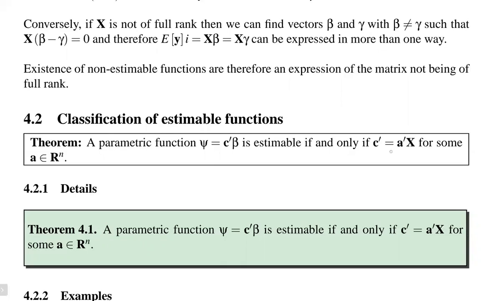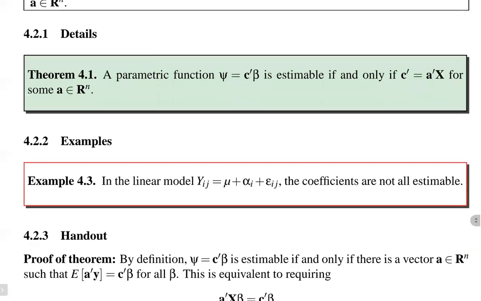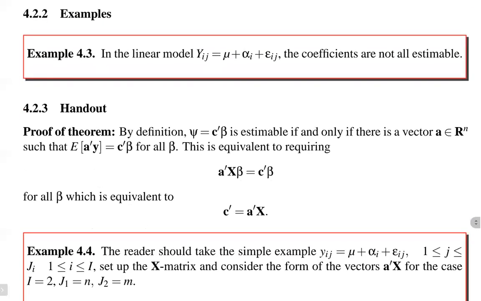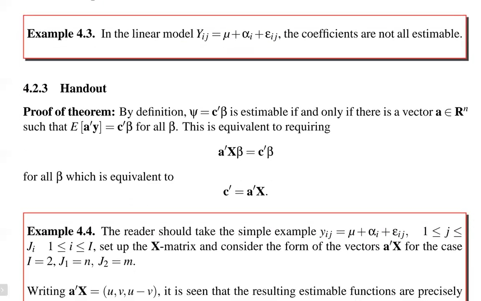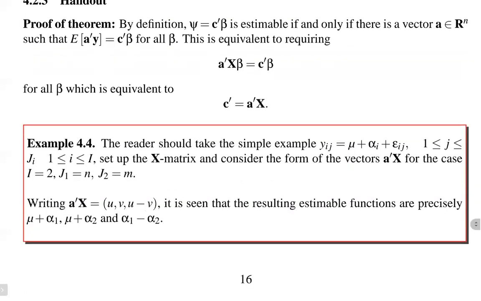In other words, the vector C is a linear combination of the rows of the X matrix. And this theorem we can prove easily. It's simply a question of the expected value. This is the expected value of A prime Y. It has to be equal to C prime beta for all betas, and from that the result follows.